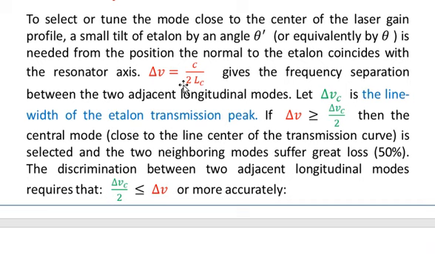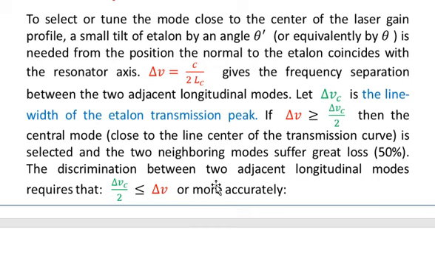Let delta nu c be the line width of the Etalon transmission peak, that is the width of the transmission peak of the Etalon. If delta nu, that is the separation between two consecutive modes, is greater than or equal to delta nu c by 2, then the central mode close to the line center of the transmission peak is selected, and the two neighboring modes suffer great loss, maybe more than 50%.